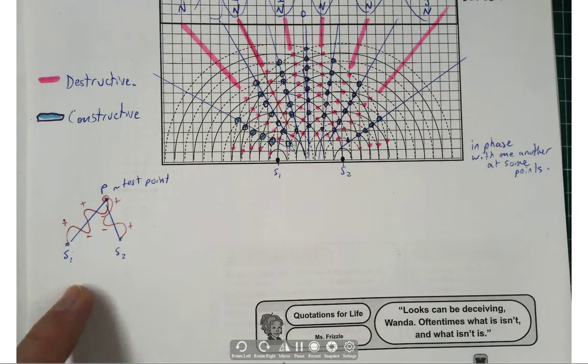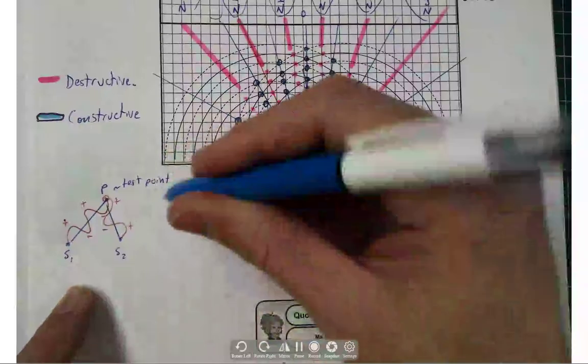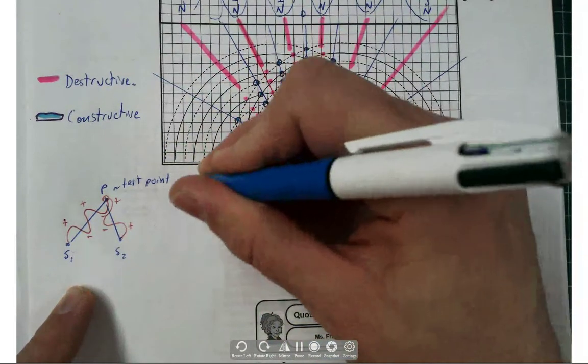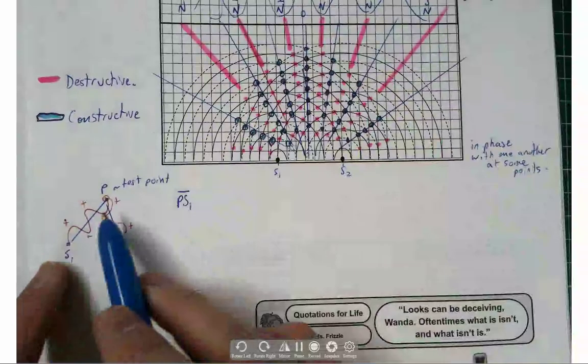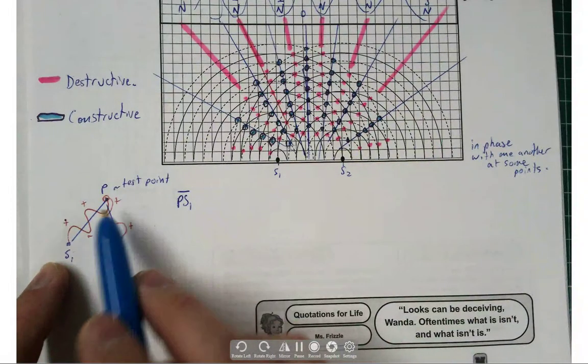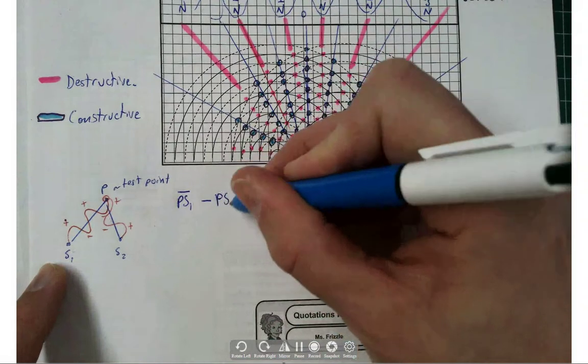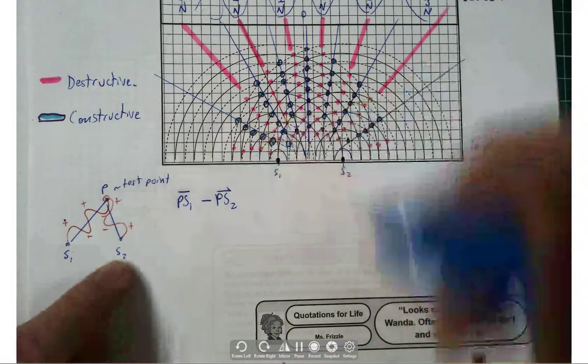And so we're saying that there's this path, PS1, the length from the point to source 1, and there's this other path, PS2, the length of the path from that point to source 2.